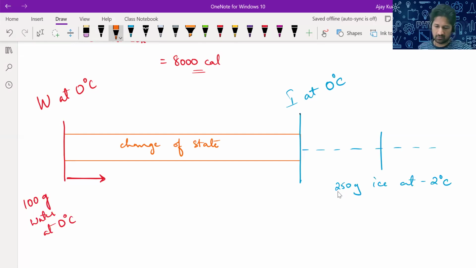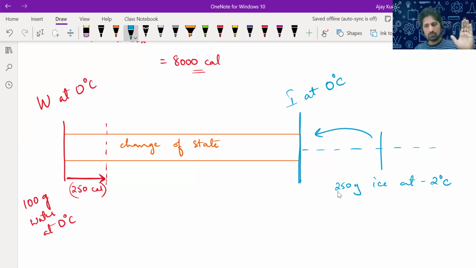As water is going through change of state, when it partially finishes that stage, when some water undergoes change of state, not all water converting to ice. All water converting to ice would release 8,000 calories. But let's say some water has converted to ice and you assume it has released 250 calories. The ice, on the other hand, will take those 250 calories.